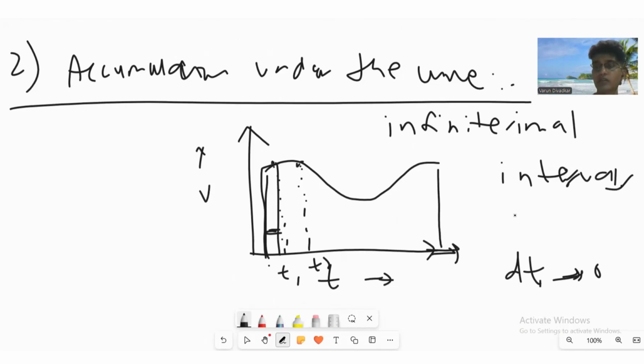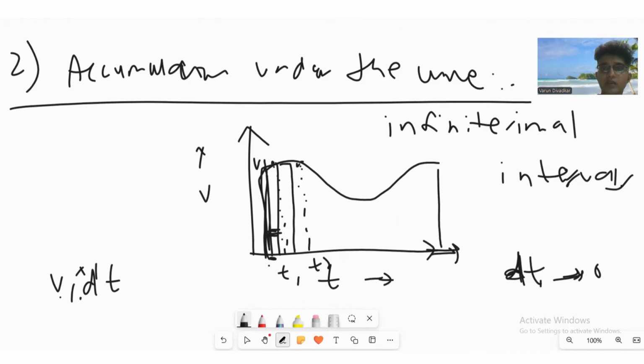So the width tends to zero, so it's called dt. Let's say the width of this rectangle is so small, and the height of this rectangle is basically the velocity here, right? So the area of this rectangle becomes, let's say this velocity is v1. So this becomes v1 dt. v1 multiplied by dt, right? Velocity multiplied by the width, which is the time.